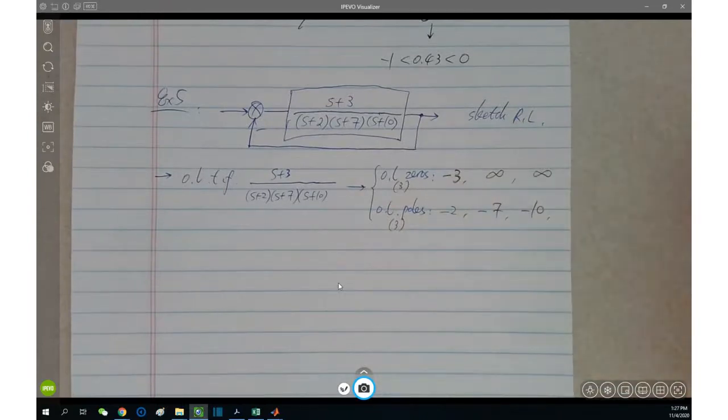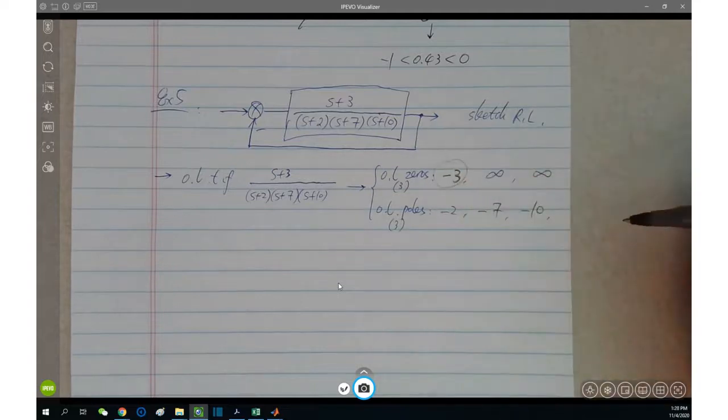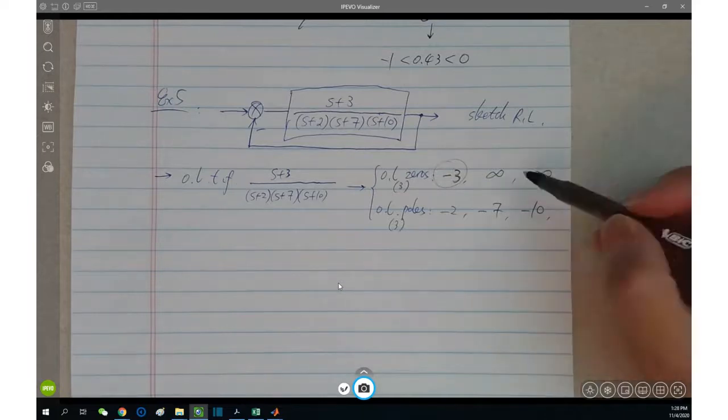You can't have a path with a starting point without an ending point. And then how to fill out the rest of the two here? We have two missing because we only have one finite zero. So how to fill the rest of the two?